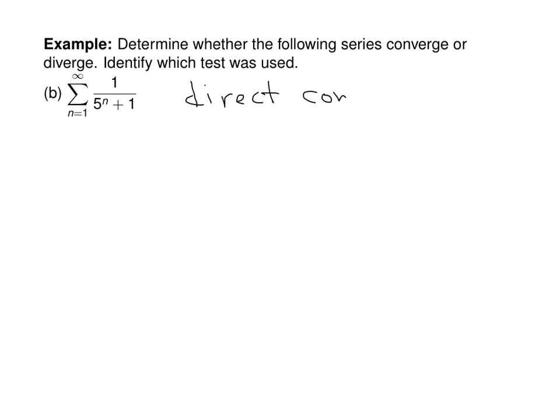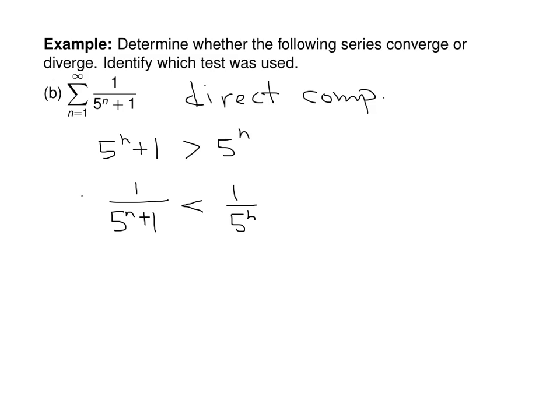So direct comparison. First notice that 5 to the n plus 1 is greater than 5 to the n. And thus, if I reciprocate, 1 over 5 to the n plus 1 is less than 1 over 5 to the n. And because 5 to the n is positive, this is also bigger than 0.